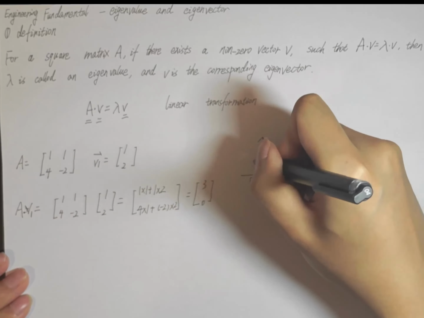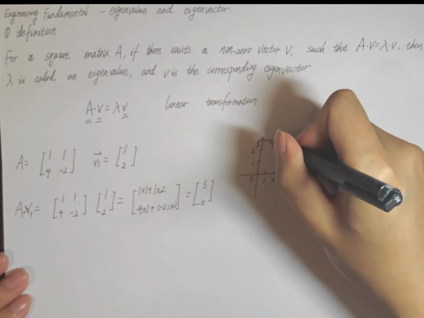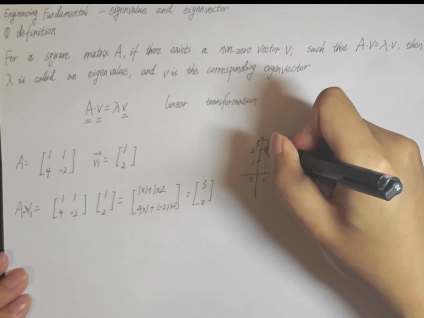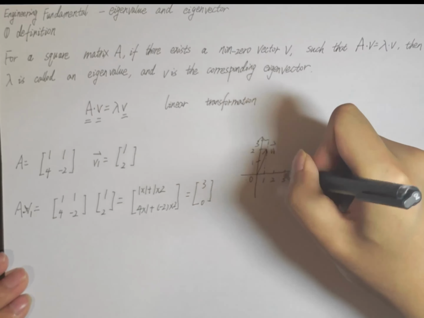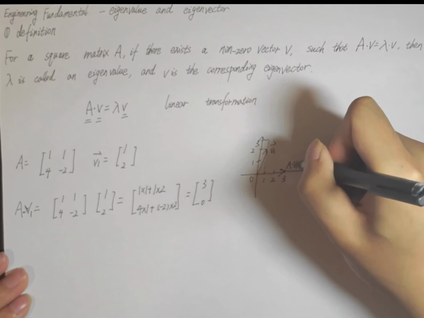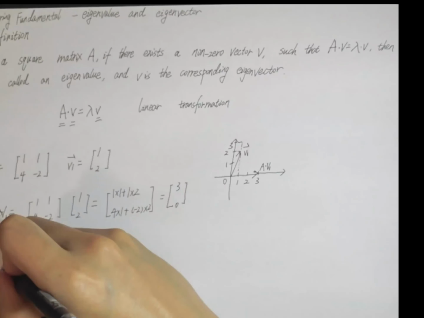And now we draw the vector V1 and the vector A multiplied by V1 in the graph. In the graph, we can see that the magnitude and the direction of vector V1 changed under the matrix A. This is a linear transformation.